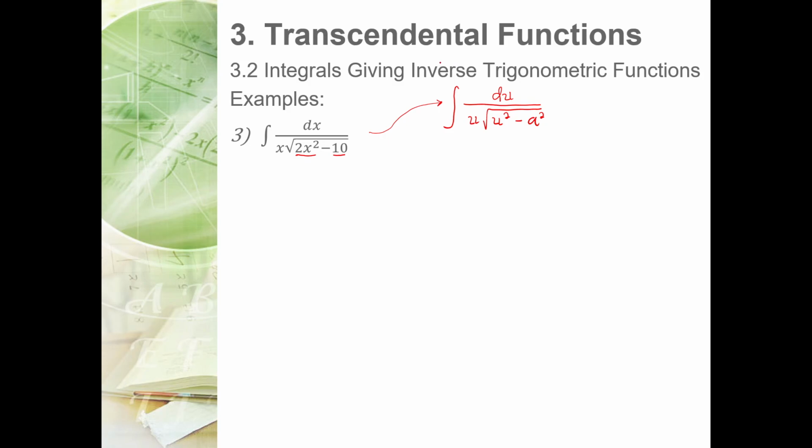It's not stated in the rule that your u squared and a squared should be perfect squares, but it may be any value in the equation. Okay, so again, we're not strict to the point that u squared and a squared should be perfect squares. So it may be any other value.